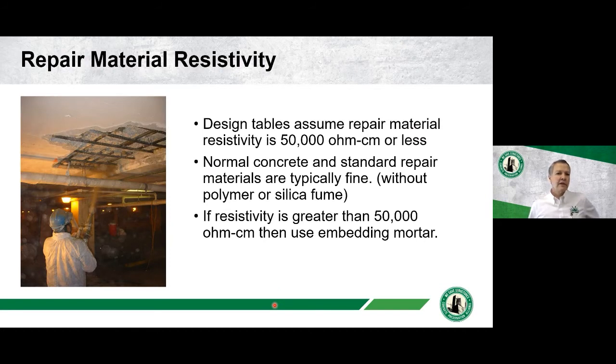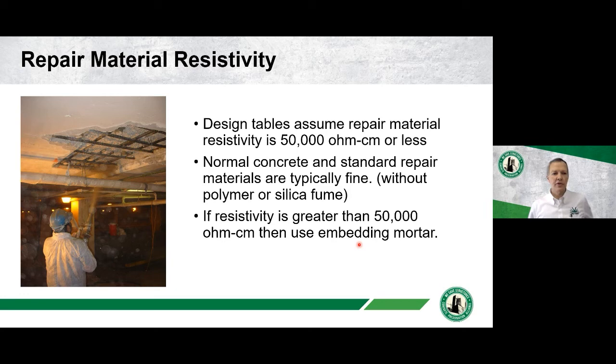A couple of other things to keep in mind. One is the resistivity of the repair material. I mentioned that 50,000 ohm centimeters is our maximum. Normally that's not a problem, but if you have high silica fume or significant polymer in the mix, you are likely to be higher than that, in which case you may want to use an embedding mortar.